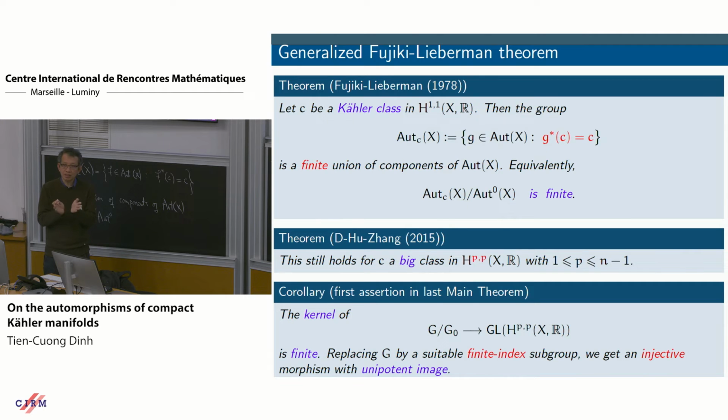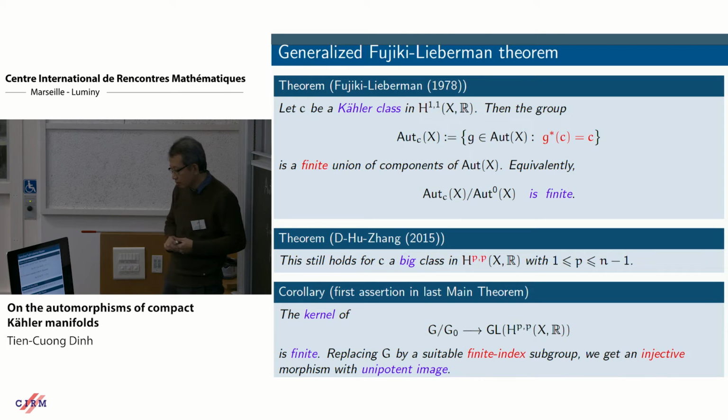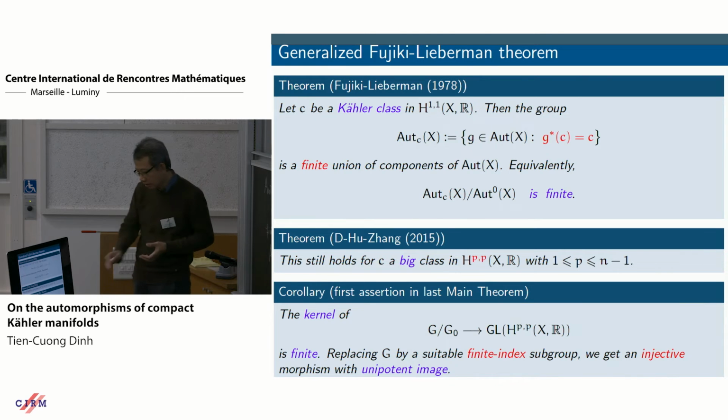So you can take the cone of positive closed forms, or positive dd^c-closed forms, or whatever, positive closed currents, positive dd^c-closed currents. Then inside this cone, you take any C, you have the same theorem, for any p. This is useful to work with higher degree cohomology, H^{p,p}.